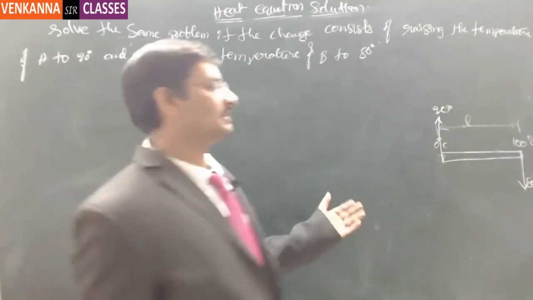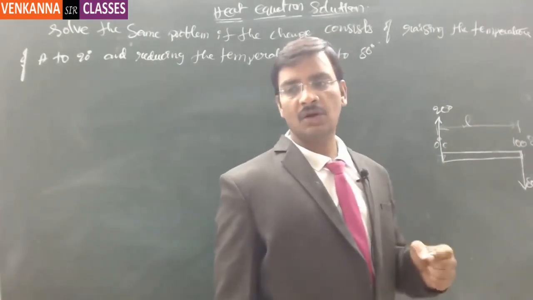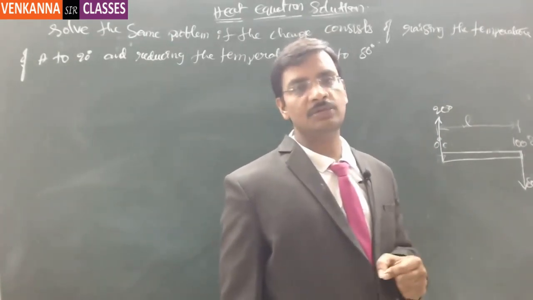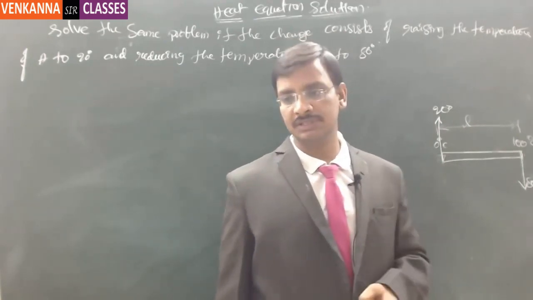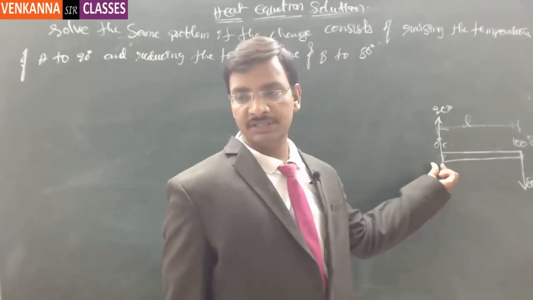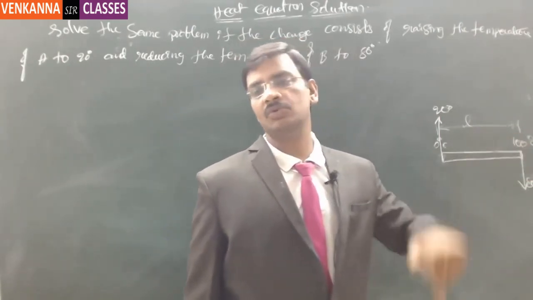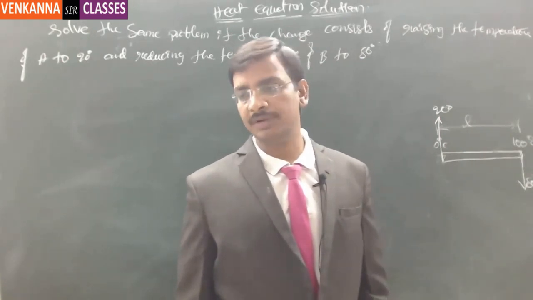So just changing the initial conditions will not give an appropriate solution for us. Why? Because the complexity involved in this particular problem statement is a little more than what we have discussed till now. See this, earlier this boundary condition is 0 and this boundary condition is also 0. Then only we will be able to simplify the equation by avoiding the arbitrary constants.